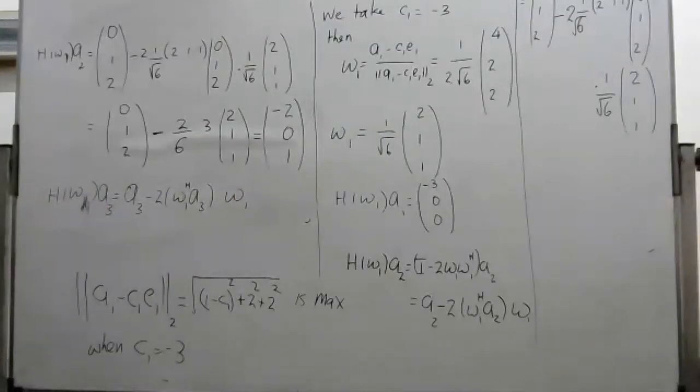When you multiply h omega 1 by A3, you get I minus 2 omega 1 Hermitian times A3.